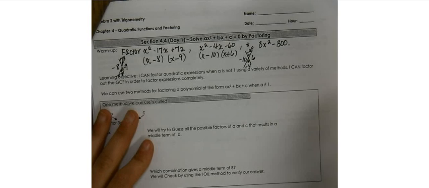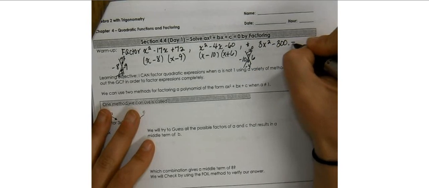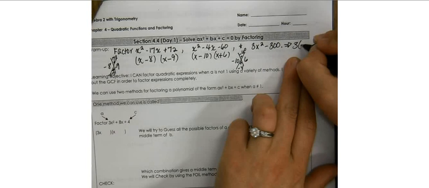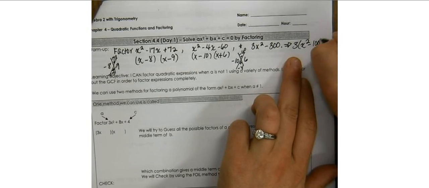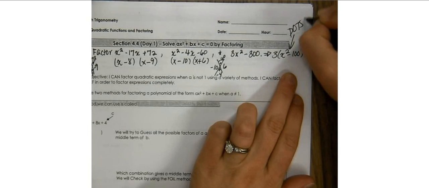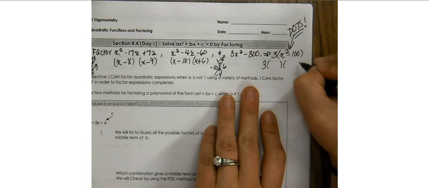And finally, we have 3x squared minus 300. Both of these two terms have in common a 3. So I'm going to factor out a 3 or divide out a 3. And I'm left with x squared minus 100. Now, x squared minus 100 is special. This is a DOTS situation, a difference of two squares. So I don't want a lot of thinking that goes along with this.